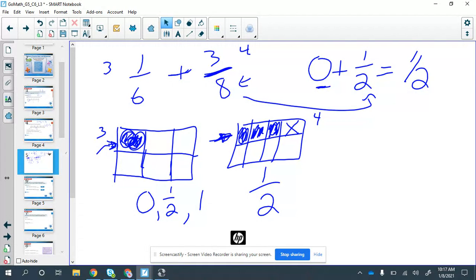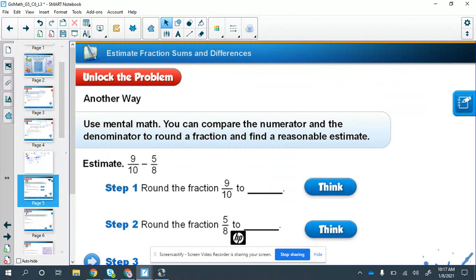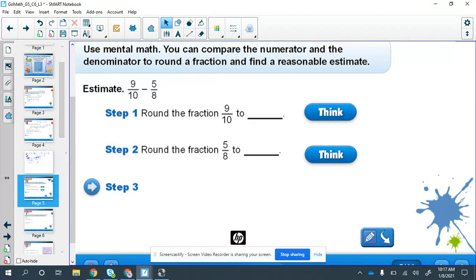So let's take a look at some other problems and see if we can apply this. Here we are. We have this same idea, and again, we can use any of those 3 methods, but we need to pay attention to the fact that we are subtracting for this problem. We are not adding. So we have 9/10 minus 5/8.